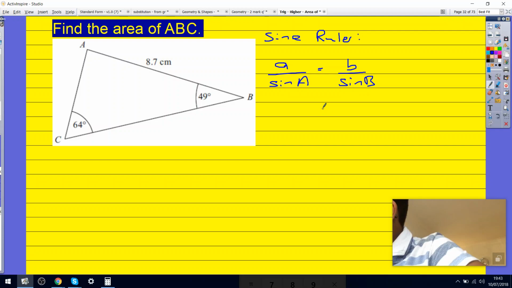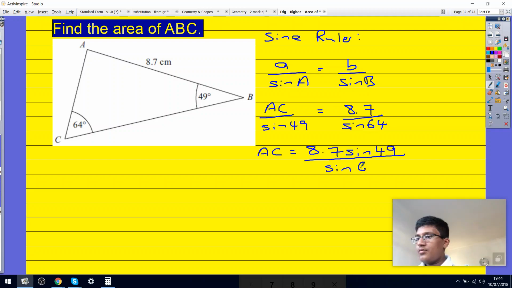Then x equals 8.7 sine 49 over sine 64, which gives us, I'll type that in, 7.3053.